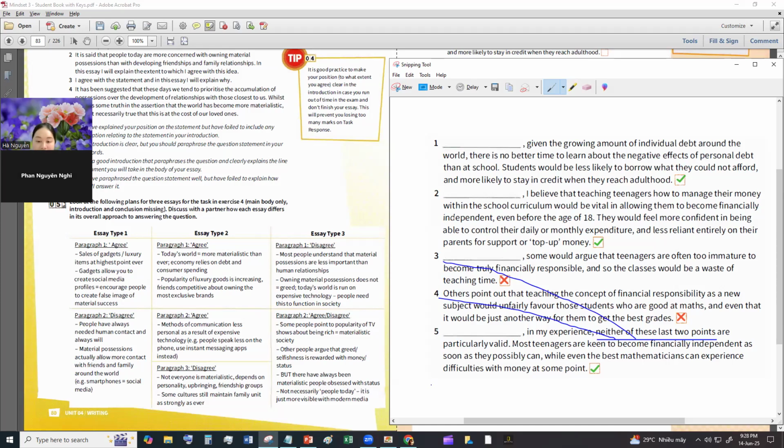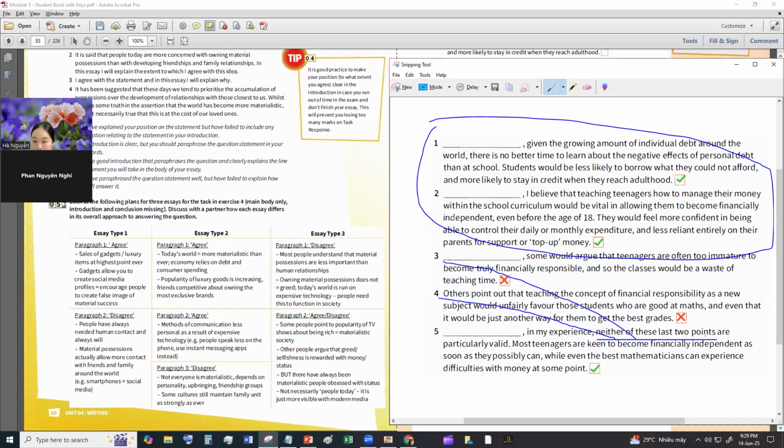That makes essay type 3 the most suitable development for these body paragraphs. Okay, so we'll have 1 and 2 in one body paragraph, and this body paragraph agrees with the statement in the question: how to manage personal finances should be taught at secondary school.